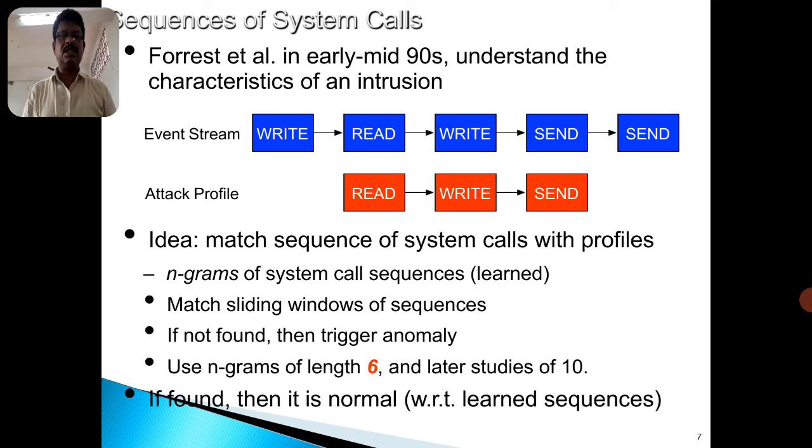What the event stream is, is this: wherever we start identifying a problem, first we need to understand that problem, and again we have to identify it elaborately in different ways and send that information in the form of a profile.